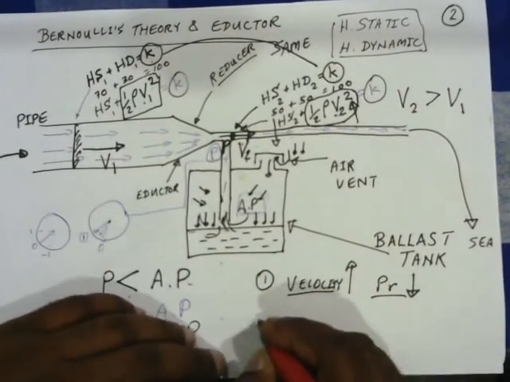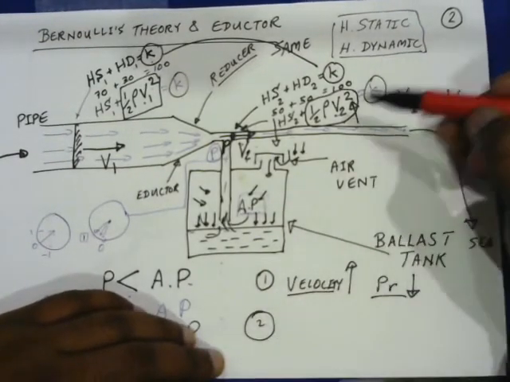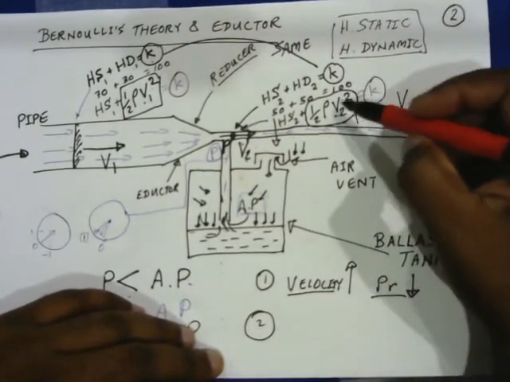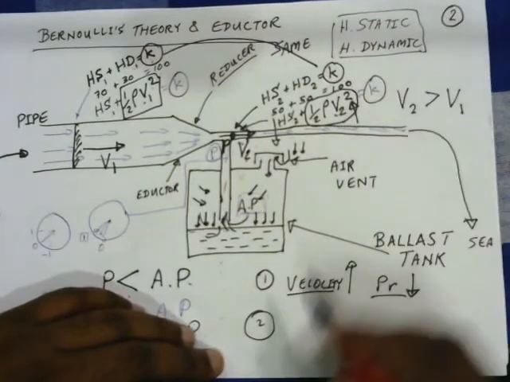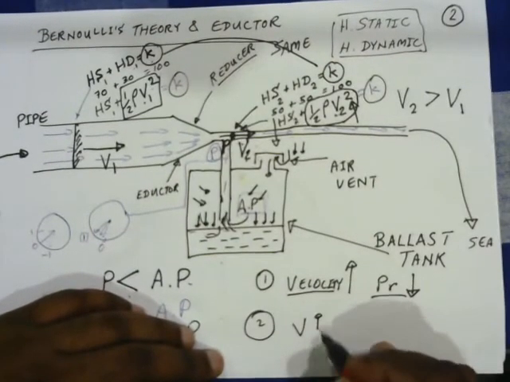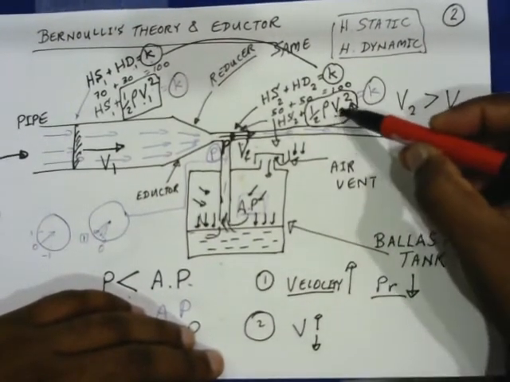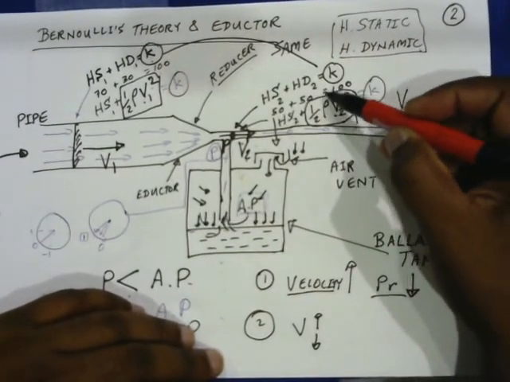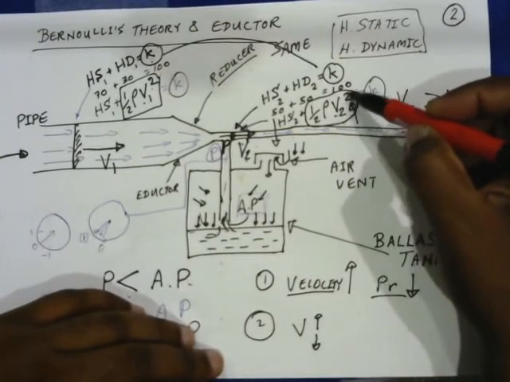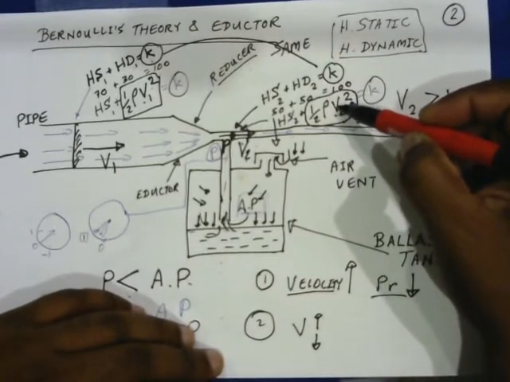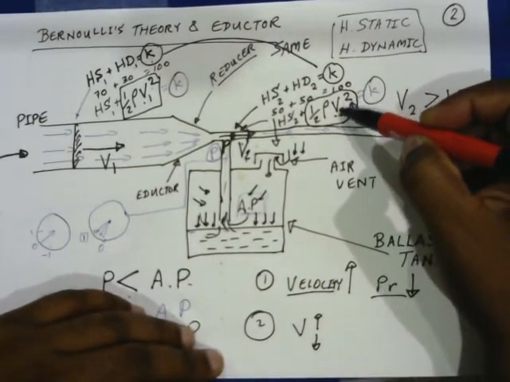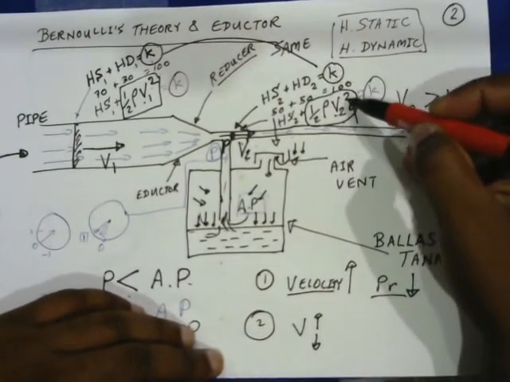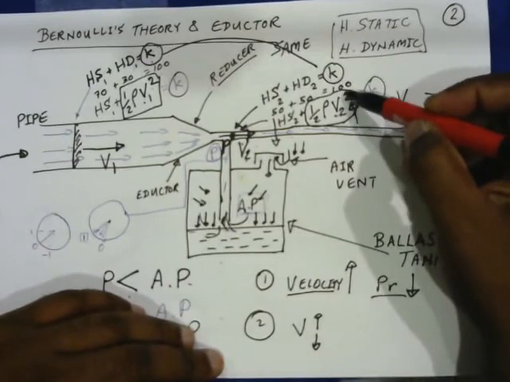And the second conclusion is that you can see this is V2 squared. So if you change the velocity by a small amount, this hydrodynamic pressure goes up and down by a big amount, because it is squared.